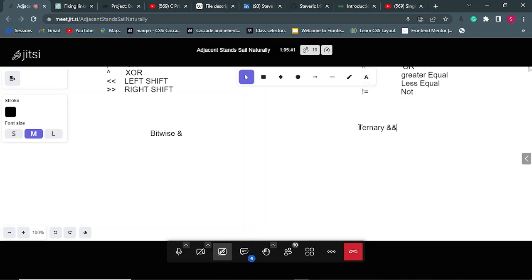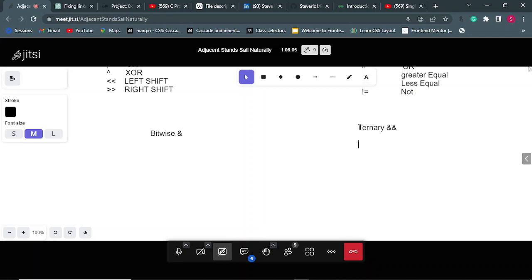Both work the same way. The difference is that ternary always returns bytes, while bitwise always returns bits.